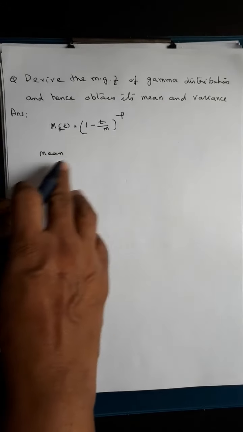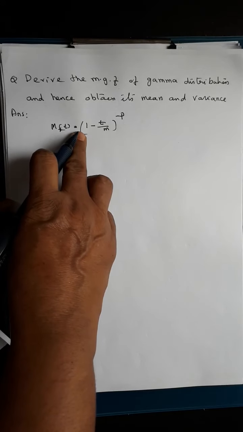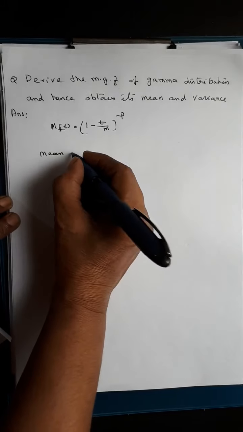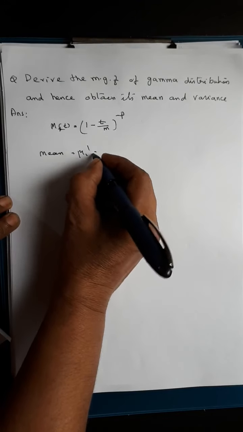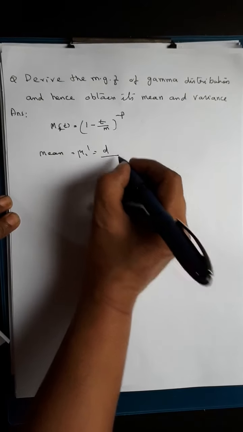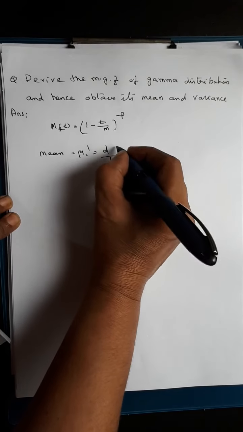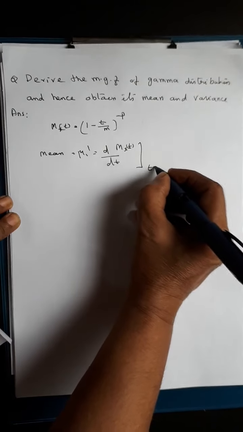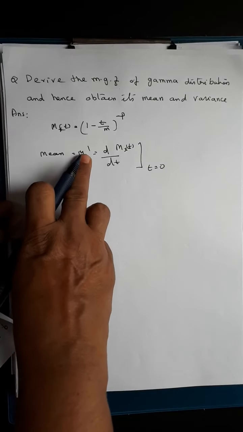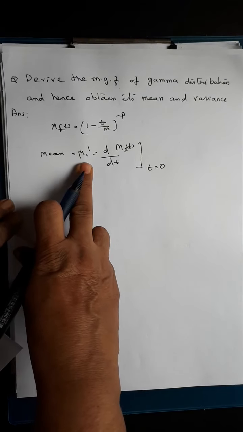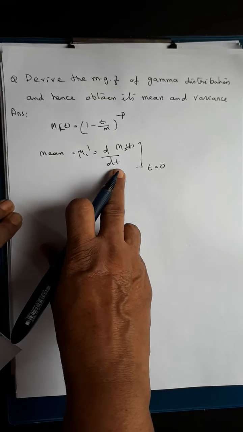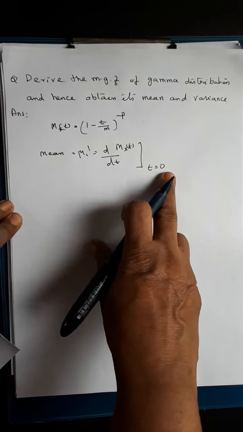So how we can find mean from this moment generating function? We know that mean is equal to mu 1 dash is d by dt of Mx(t) at t equal to 0. That is mu 1 dash is the first order derivative of Mx(t) with respect to t and putting t equal to 0.